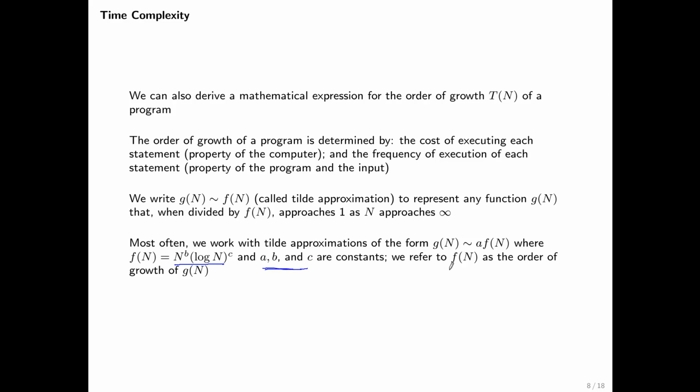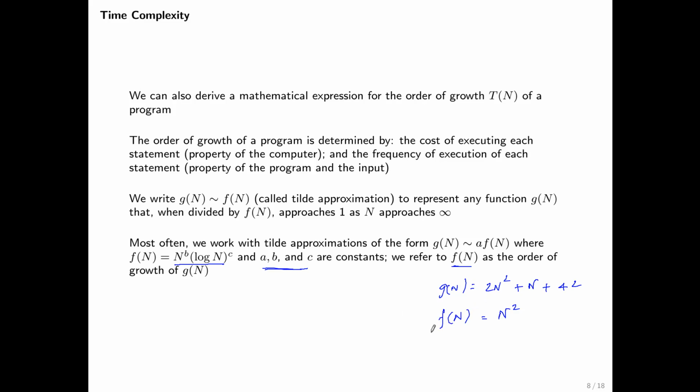When that's the case, we're going to refer to f of n as the order of growth or running time of g of n. So going back to the example, if g of n is 2n squared plus n plus 42, we will simply say its order of growth f of n is n squared.